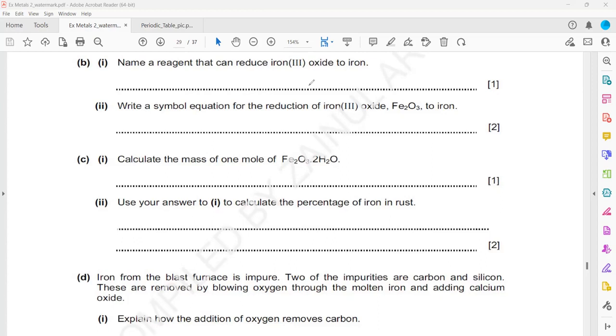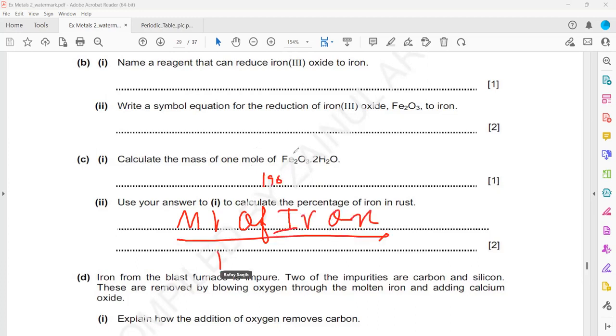Can we say in the steel article, it is at the cathode? Yeah, that is right. Then we need the percentage of iron. You don't have to write a formula here. The mass of iron in the compound is 56 times 2, so 112 divided by 196 times 100.